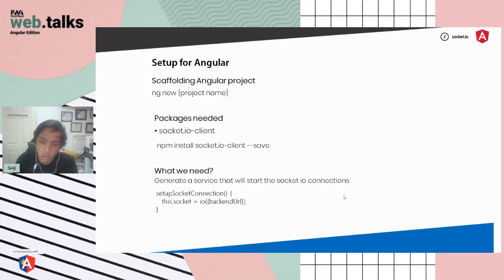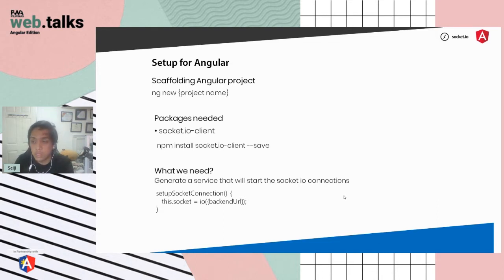So what we really need here is just to generate a service that will start the socket.io connections. For example, we have already created our backend and it is deployed at a specific server URL. We will just connect our Angular application to the URL of the backend.